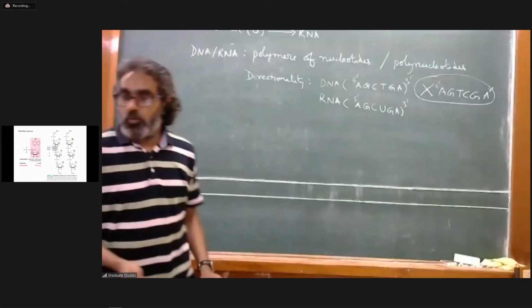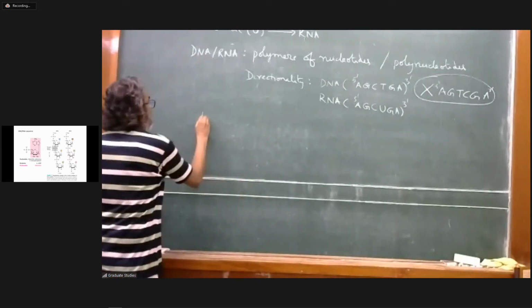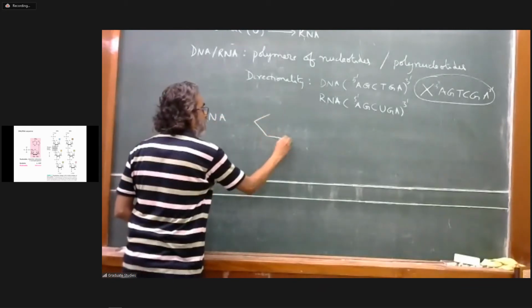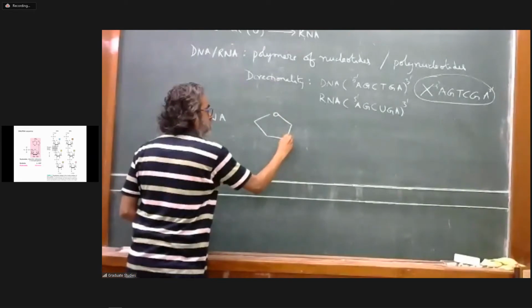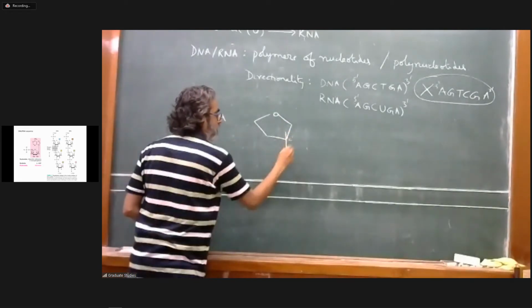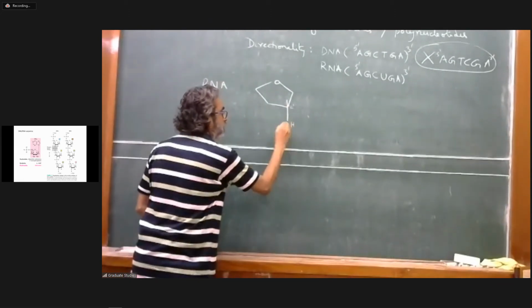Okay, so what I said is that in RNA you have, let's say, a 5 membered ring. This is the 2' carbon, where there is an OH.